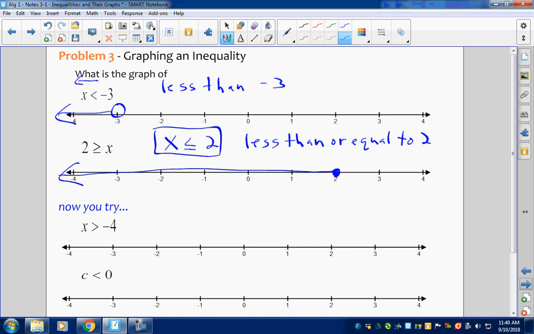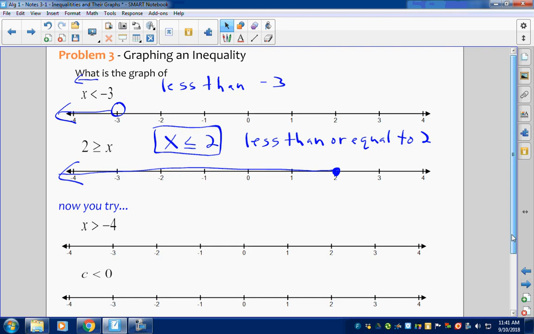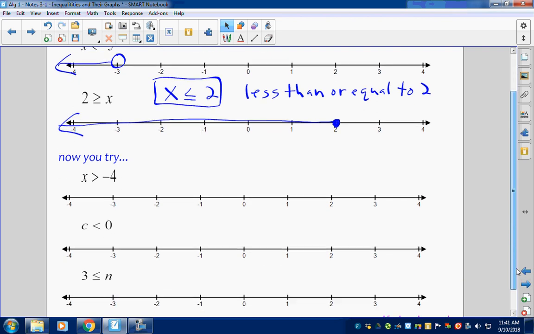So be careful with that rule. You've got to make sure that the variable is on the left if you're going to shade in the direction in which the inequality is pointing. Got it? And it's easy to put it on the left. Just when you flip it, make sure that it's pointing the same way it was. See how it's pointing at x? When I flip it around, it's still pointing at x. You try the next two here, or 3.